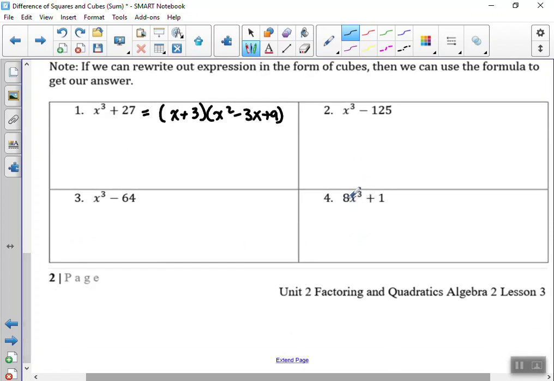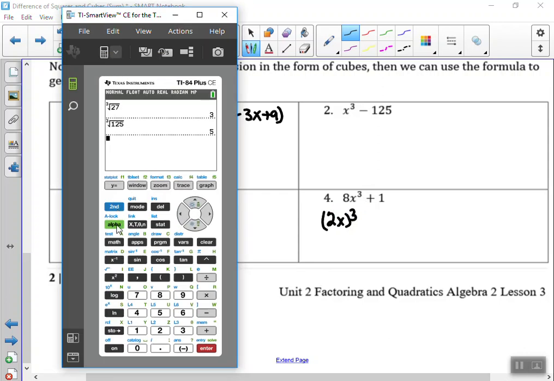So again, I have 8x cubed plus 1, so I'm going to rewrite this as 2x cubed, because the cube root of 8 is 2. So I wrote it as 2x cubed plus, and then how can I write 1 as a cube? What is the cube root of 1? It's just 1.